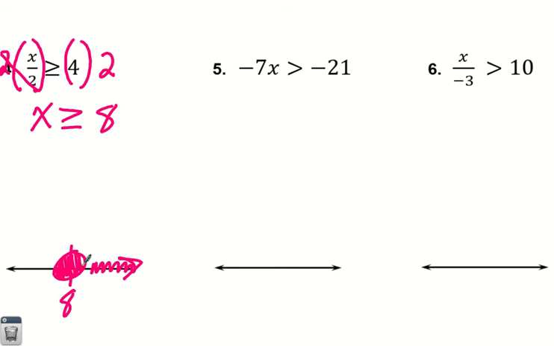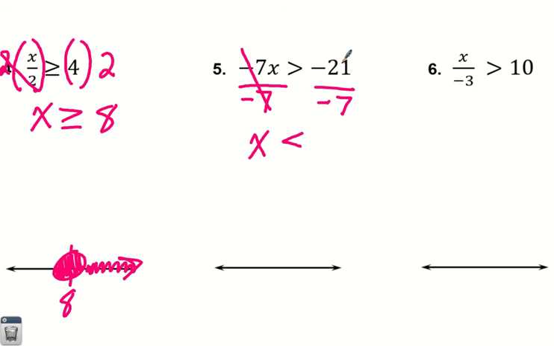Aha, but number 5. Finally, number 5. Looks like we're going to have to divide both sides by not just 7, negative 7. So, yep, x is by itself. And we immediately flip from a greater than to a less than, again, for like the 5th time, maybe more, because we're dividing by a negative 7.